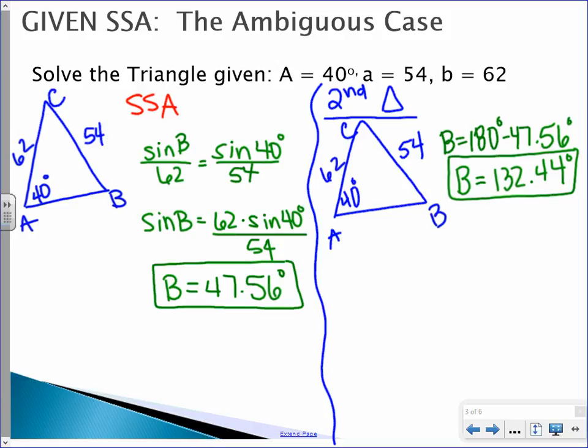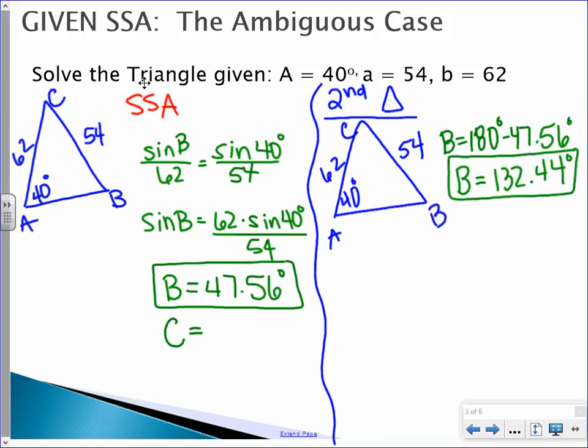Okay, so let's come back to our first triangle. We have angle A, we have angle B. Pretty easy for us to find angle C, do you agree? So since angle A is 40 degrees, angle B is 47.56.